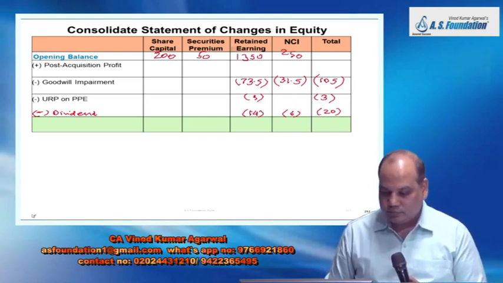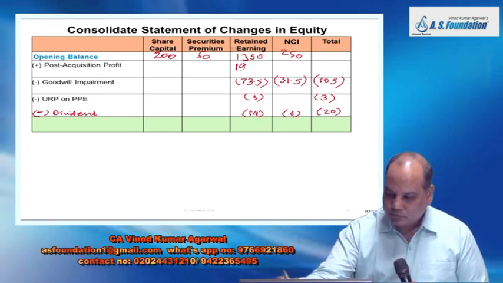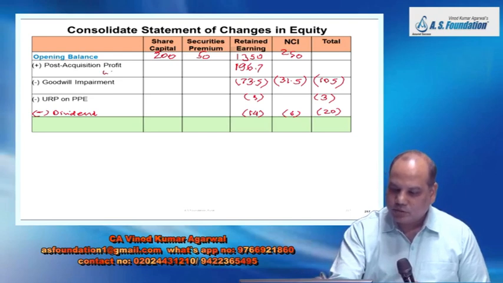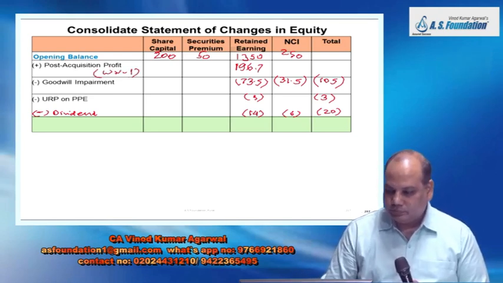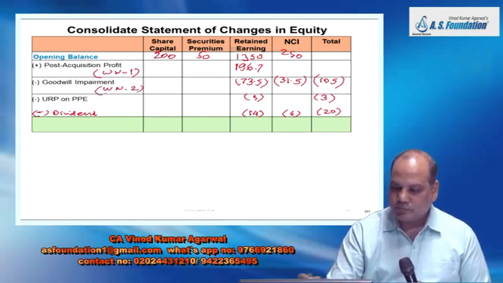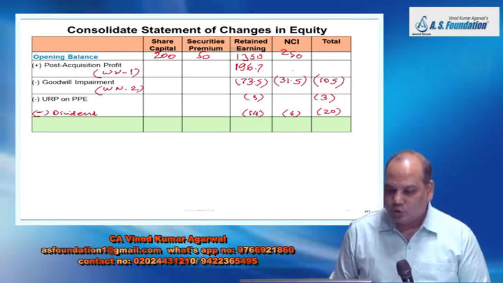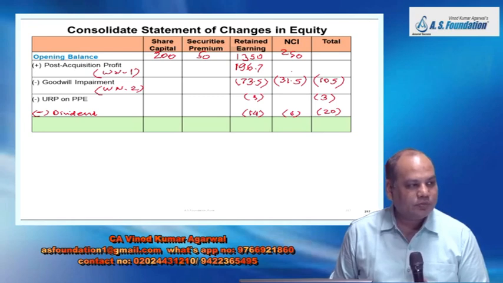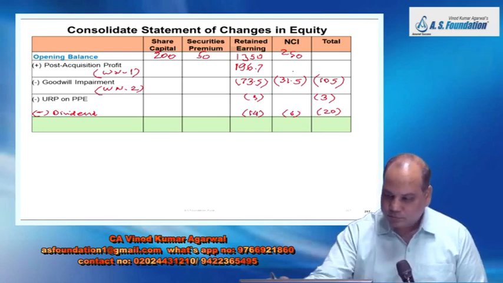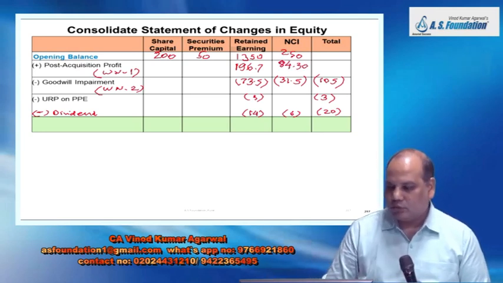196.7. This you write down, working note 1. Goodwill impairment, right? Working note 2. And how much was minority share, NCI share in the post acquisition profit from working note 1? 84.3.